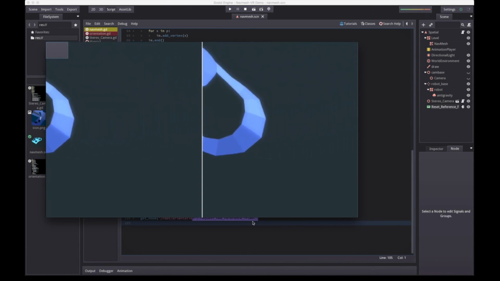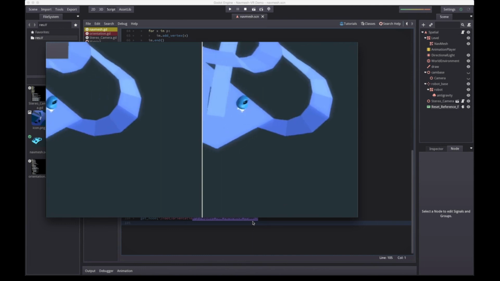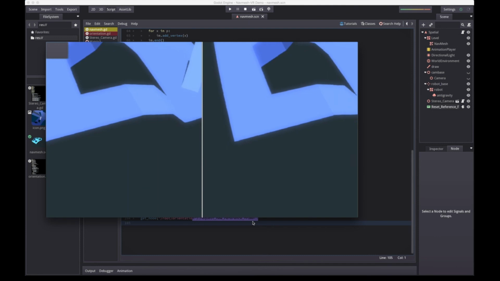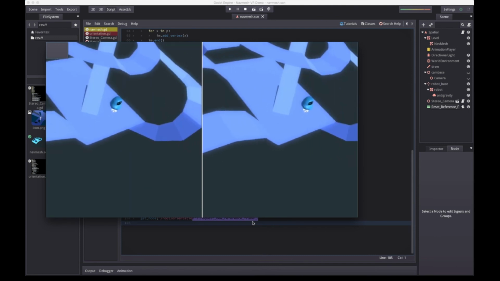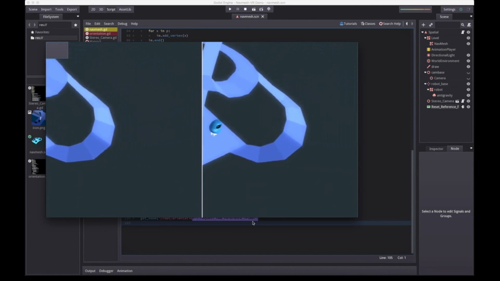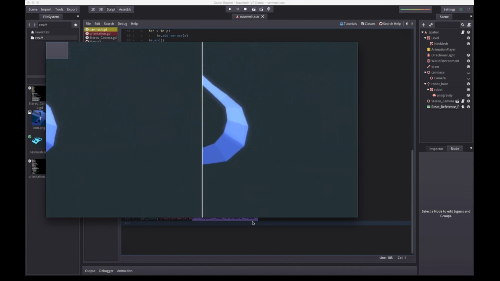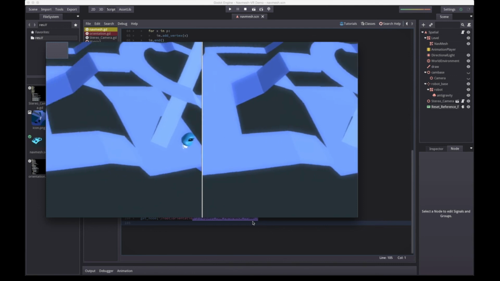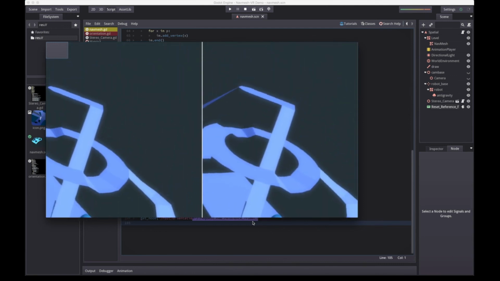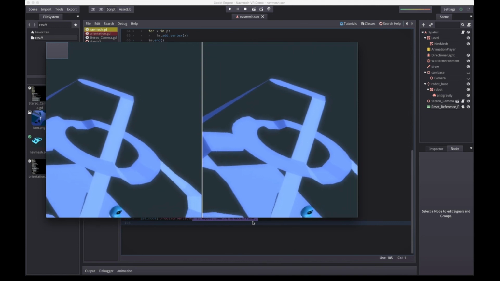Not quite sure why it's lagging the streaming so much right now, but yeah, every time that I use the little button, it nicely centers the screen again, as you can see, and it's keeping my upwards or downwards looking the way it is, and it's just centering on that lookat that we calculated.